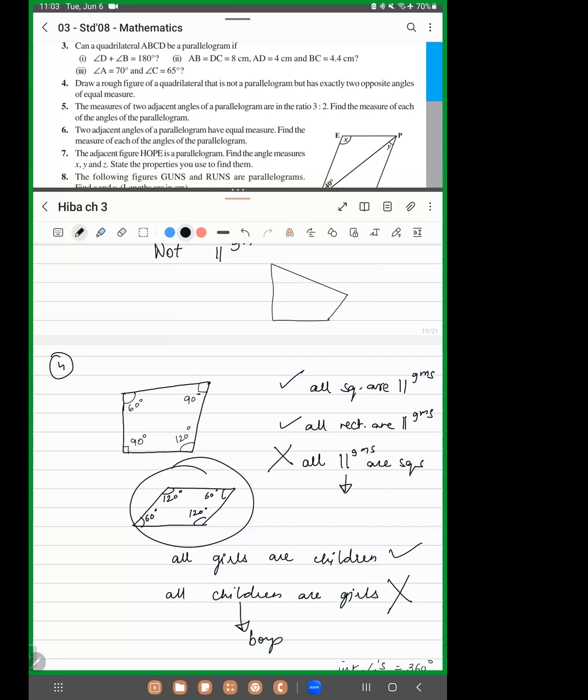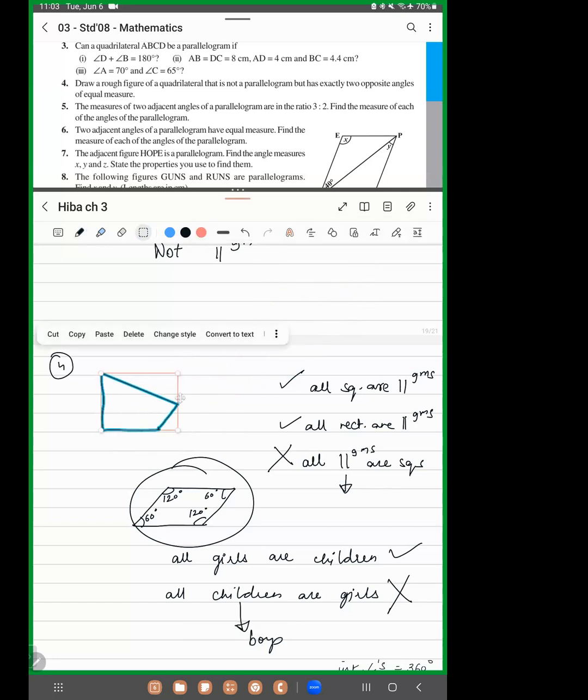Okay, this is the quadrilateral that we were supposed to make. मैंने उनका सीधा बना दिया इसको. See, there can be many correct answers to this. ठीक है? There can be many correct answers to this. मैंने बस आपको एक example दिखाया है.